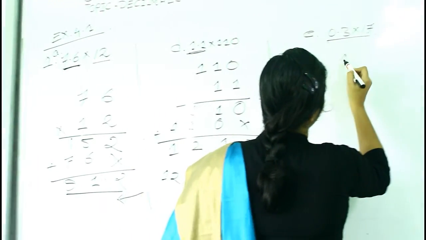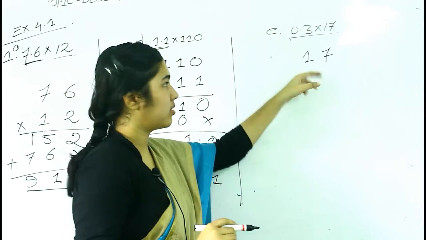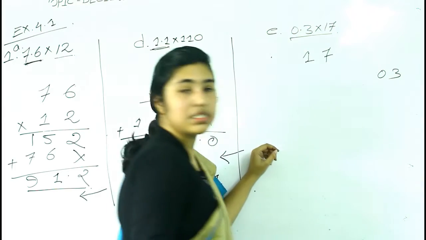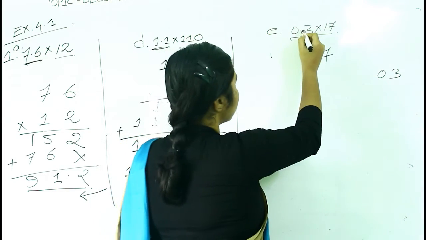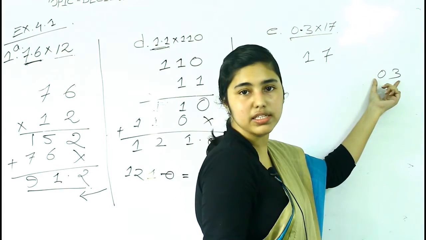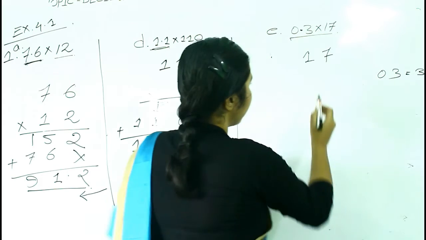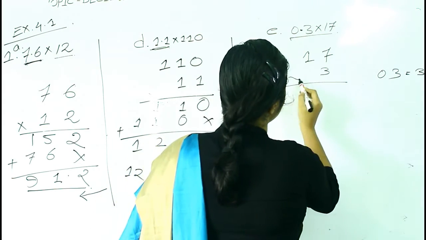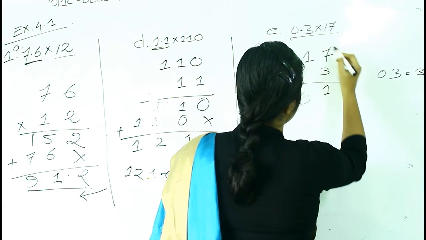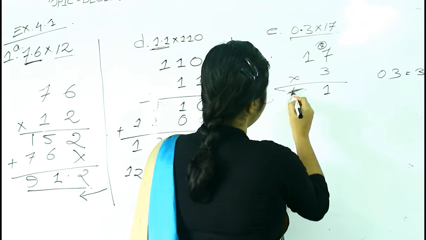Next, consider 17 as the multiplicand and 0.3 as 03. Just ignore the decimal point and write 0.3 as the whole number 03, which is 3. Now multiply 3 with 17: 51.